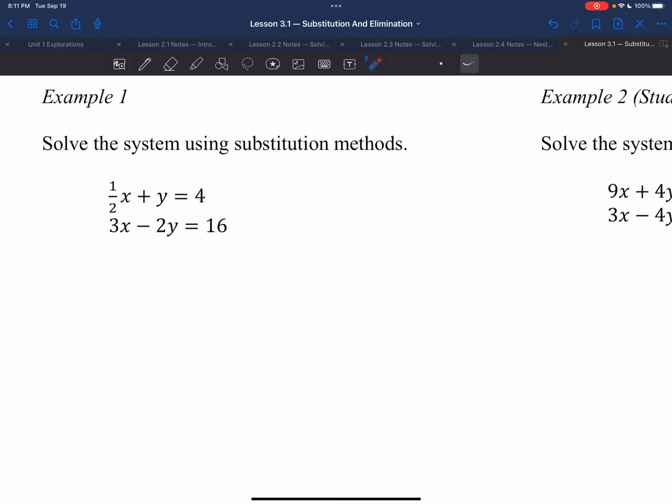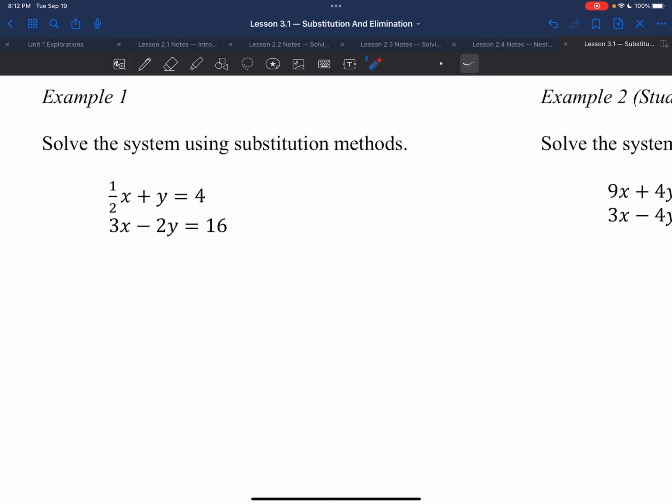I will note that often variables with a coefficient of 1, if I have 1 times x, which just looks like x, means you never have to divide by anything. So for example, see this 3x here? If I want to isolate this, I'm eventually going to have to divide by 3. So I might look for variables with a coefficient of 1 because those are going to be more efficient. I'm going to avoid fractions and such.